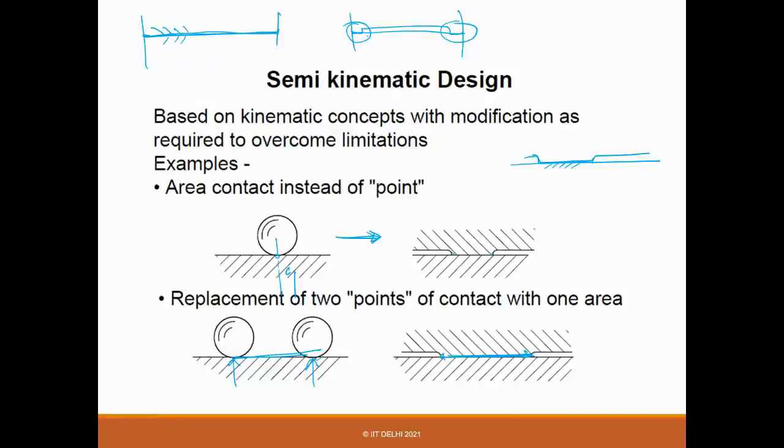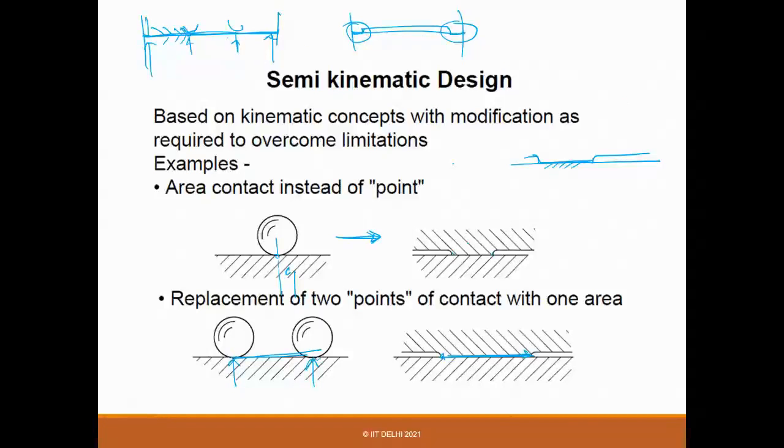Then you can make them very accurate in flatness and everything, and this is enough, because it will be resting on these points. If it's like this, you don't know whether you are resting on these two points or these two points. So it's always better to make it deterministic.